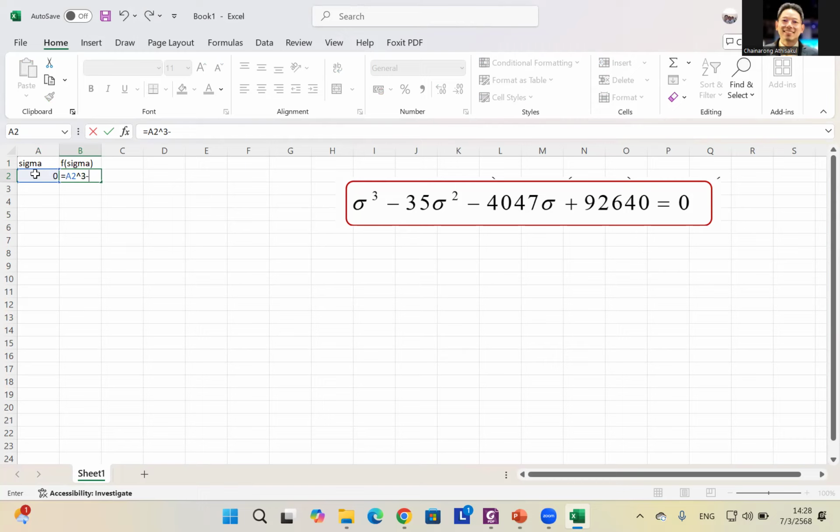It's around minus 35. Sigma, where, and minus, plus.